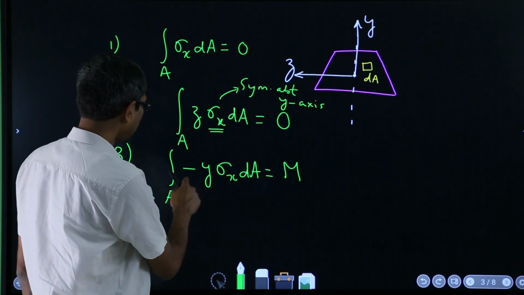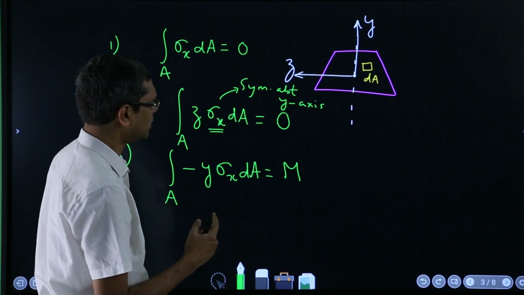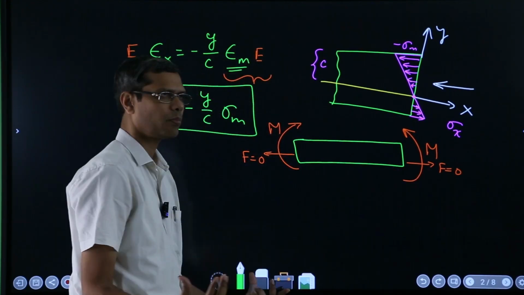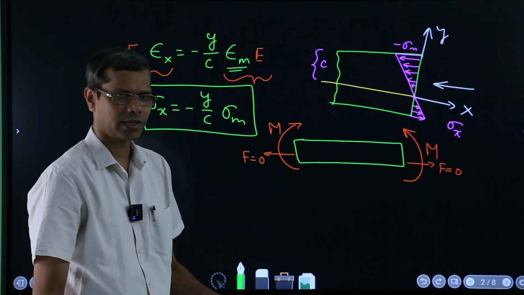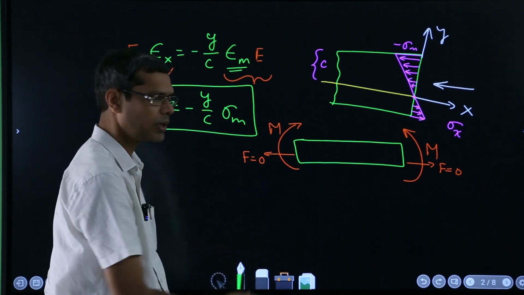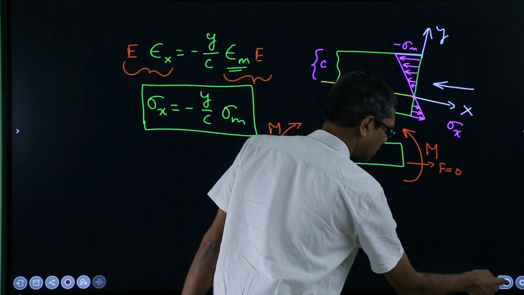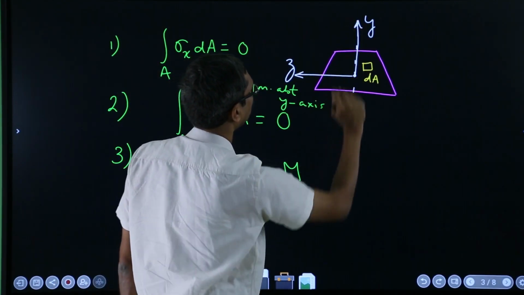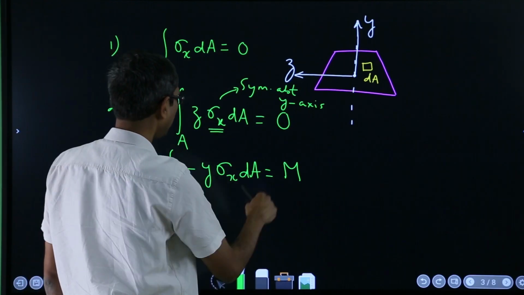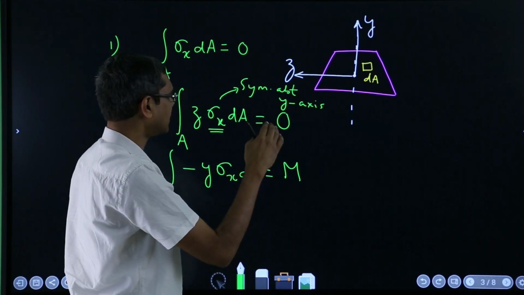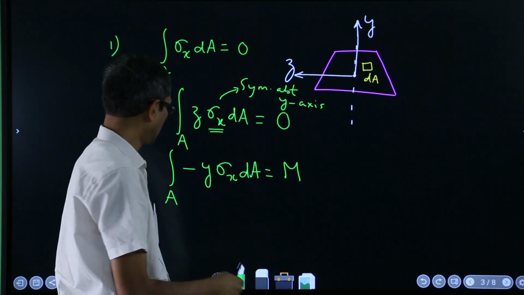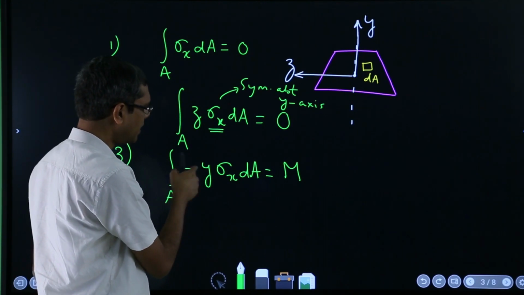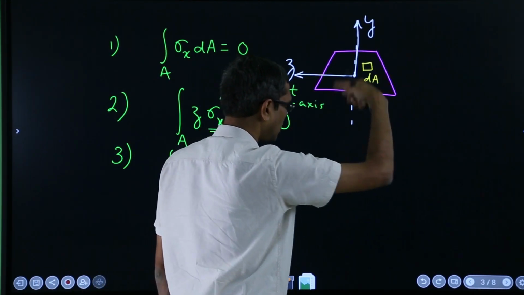It is there for a convention: the moment which we apply that makes the beam concave upward is positive. When that is positive, going up in positive y, sigma x is negative there because it is compressive. That negative sign in sigma x cancels out this negative sign, and we get a positive moment.